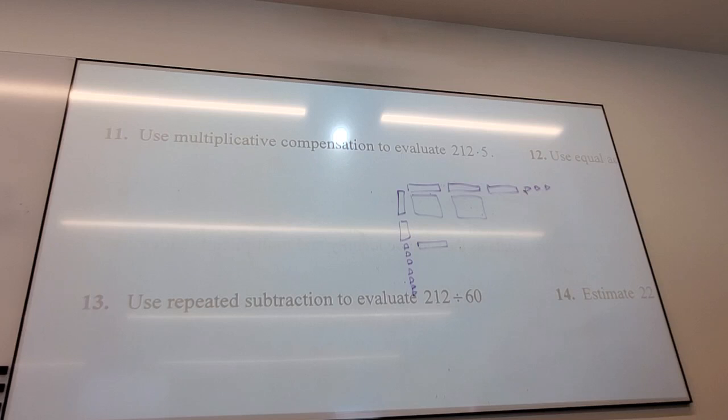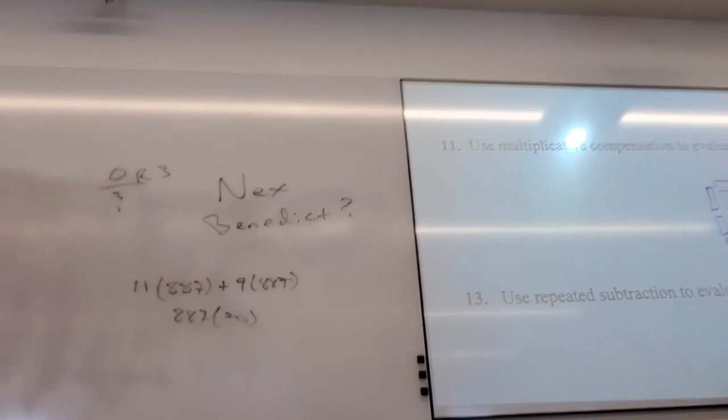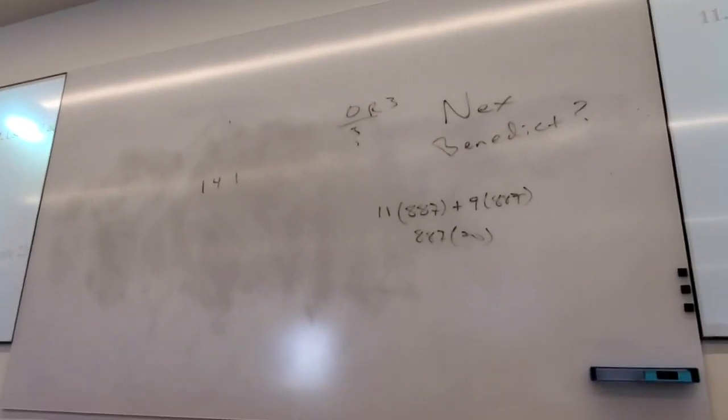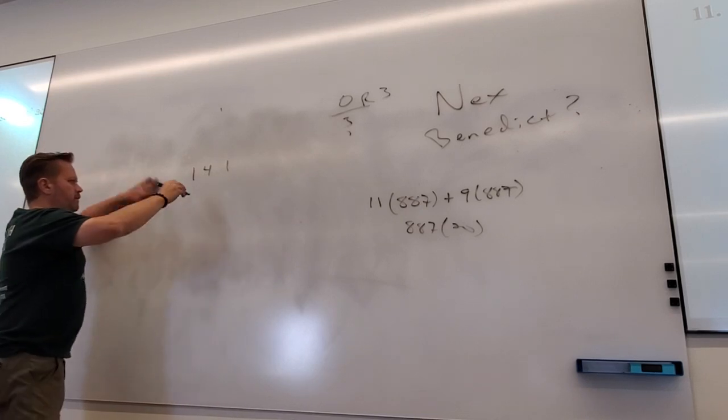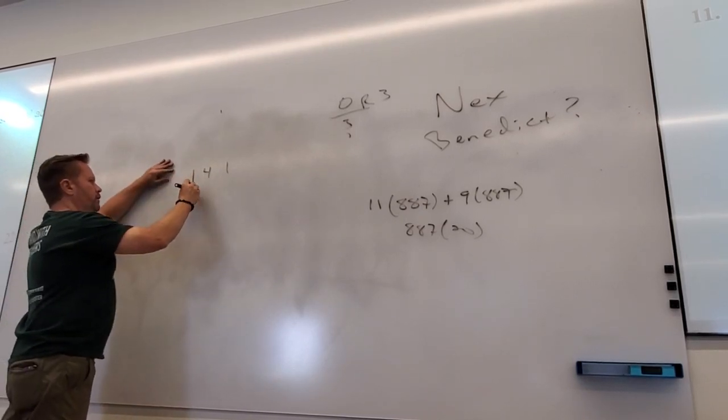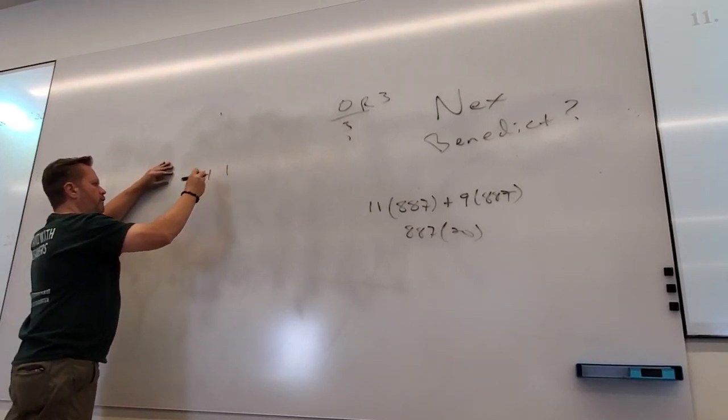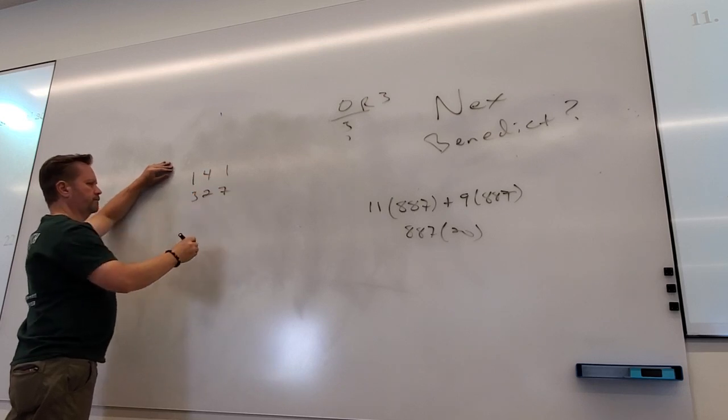Oh, there it is. Okay, good. I thought I was in a different section, but obviously I was wrong. So really quickly, if I want to add 141 to 327.